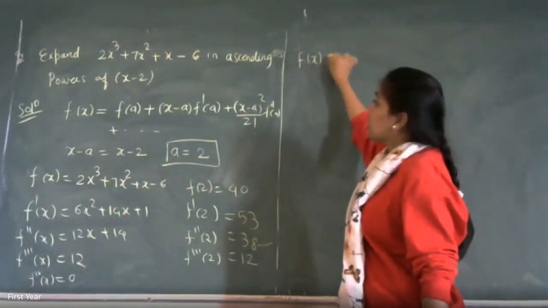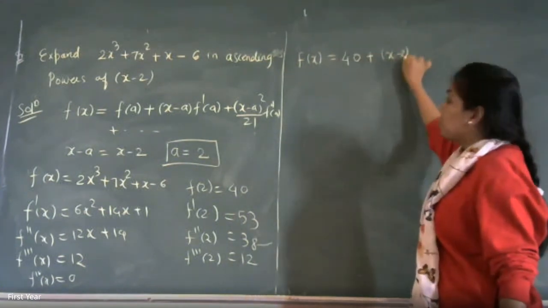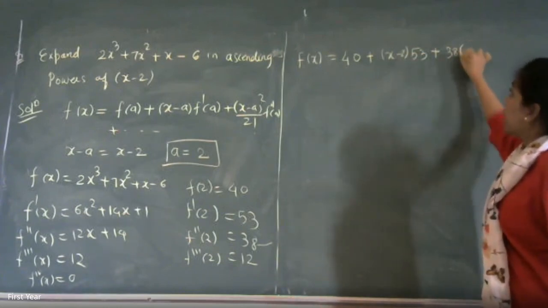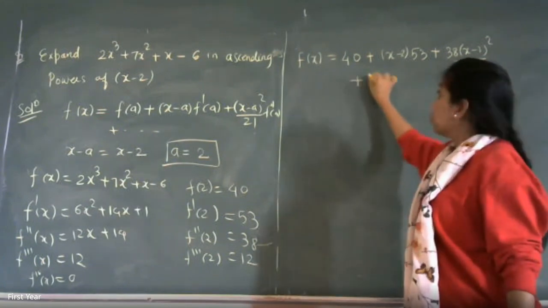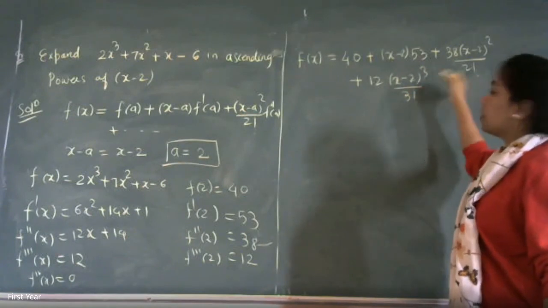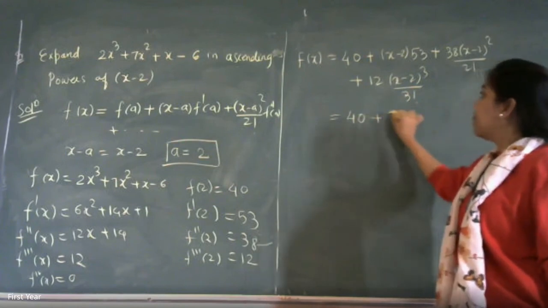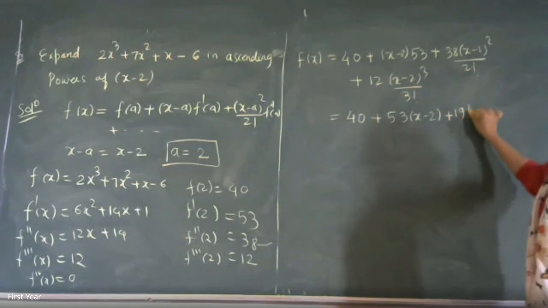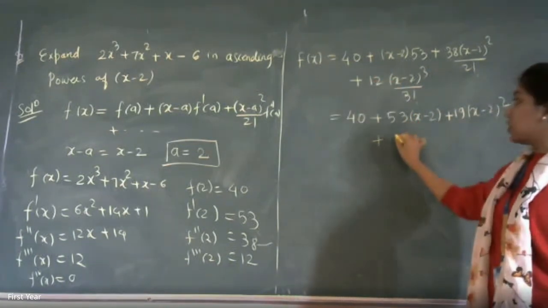Your given function becomes f of 2 is 40 plus x minus 2 into 53 plus 38 into x minus 2 square by factorial 2 plus 12 into x minus 2 cubed by factorial 3. And the rest of the terms are 0. So simplifying, you get the answer. This is 40 plus 53 into x minus 2 plus 19 into x minus 2 square plus 6, 12 divided by 6 is 2.